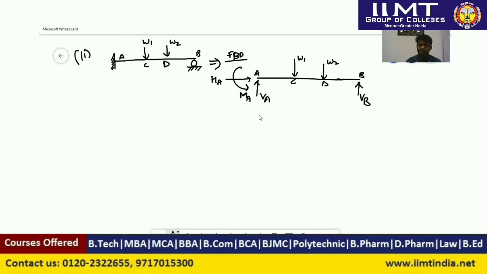So this figure is the free body diagram for the given beam. And this is how we have to solve. The first step while analyzing a structure is to draw the free body diagram, and after drawing it we can analyze the structure or the particular problem that is assigned.